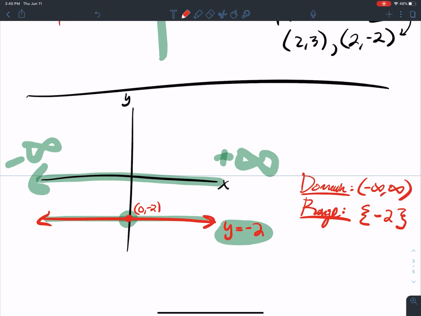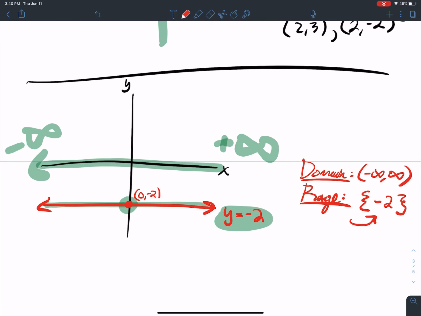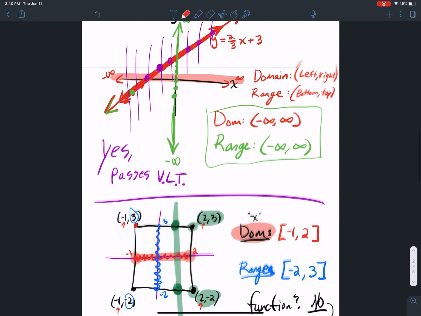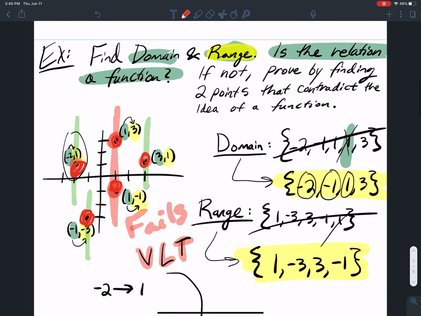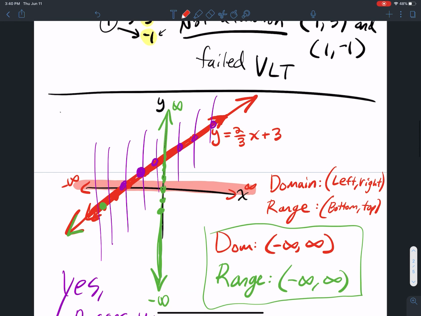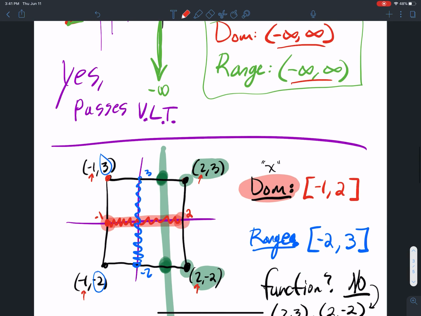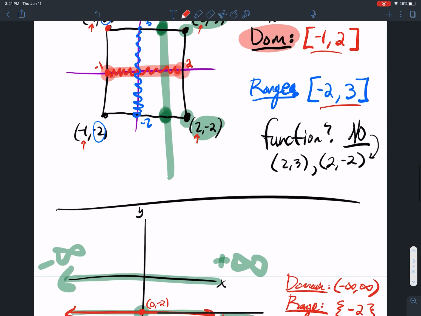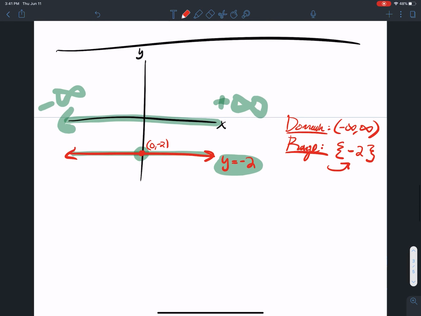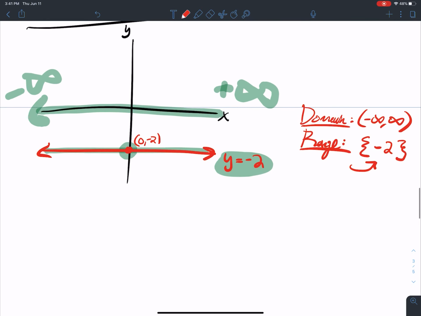So when you have some finite amount of points, like the dots we had in the very first problem right here, we just had 5 dots, right? Then you use the curly brackets. Okay, if you've got more dots than you can plot, then you use the bracket or the parentheses. And in this scenario right here, it's kind of a mix of the two because there's only one y value that works here.